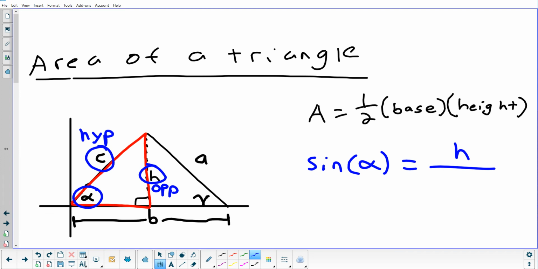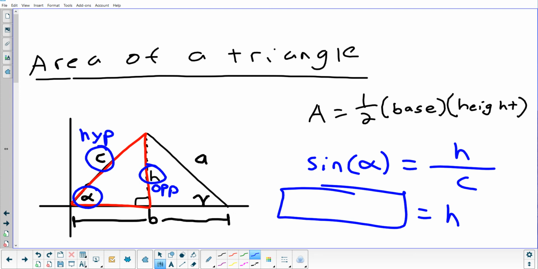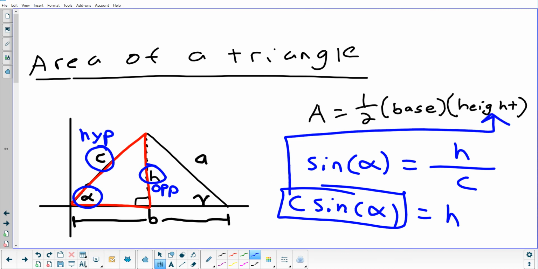So now, what would be my formula for the height if I get it by itself? Yeah. C times the sine of alpha. C times the sine of alpha. There you go. Now if you don't know the height, it's not a problem. We have a formula that we can use from this box to find the height using other pieces of information.